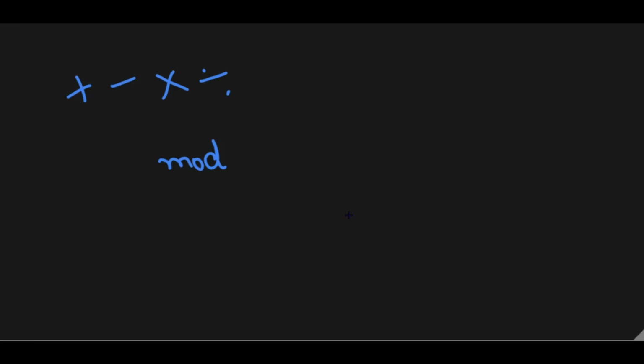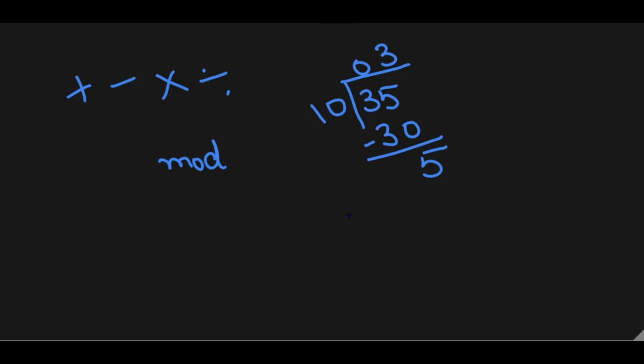So for example, if I have 35 and I want to divide it by 10, I get 5 as the remainder. So I can write this as 35 mod 10 is equal to 5. That is the remainder, right?